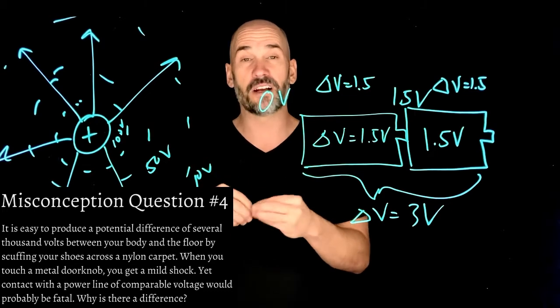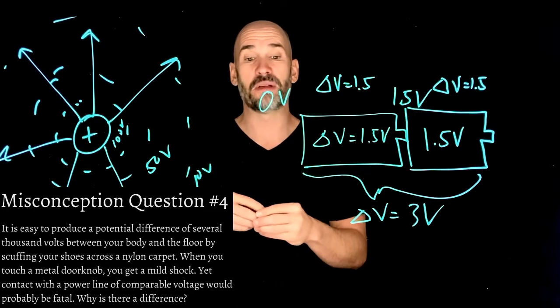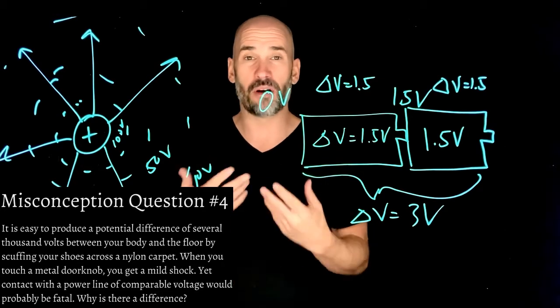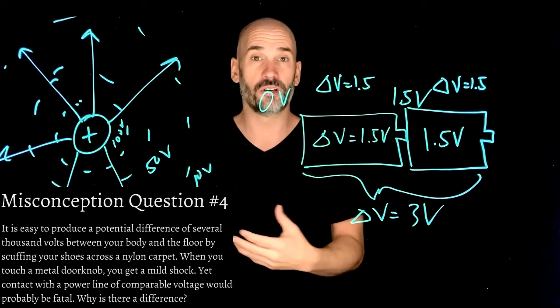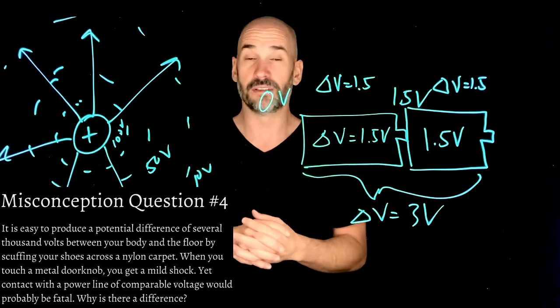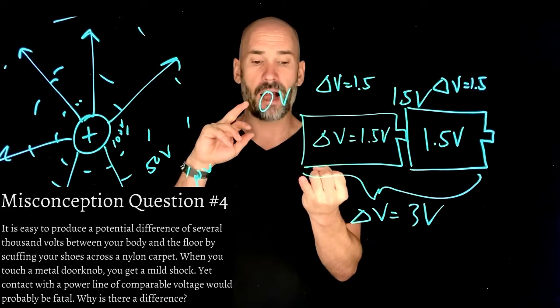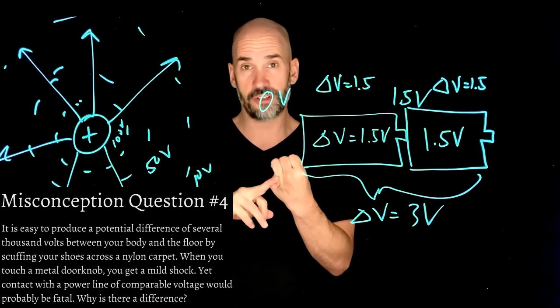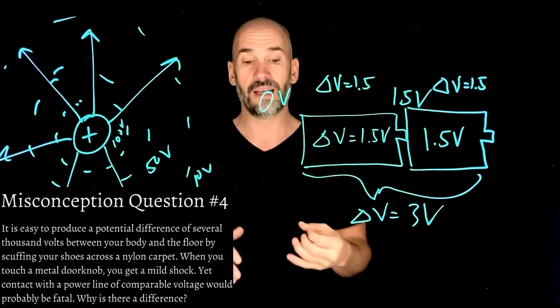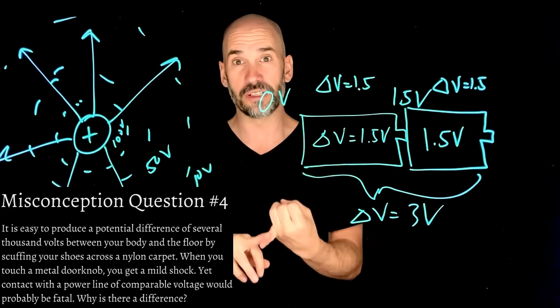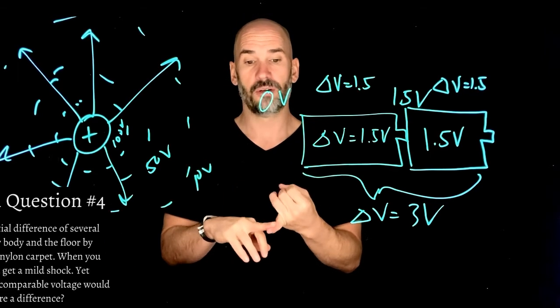That'll create a very, very high current. High current means more electrons are zapping you, and more electrons means more energy that can hurt, cook, burn, electrocute you. All right? Hope that makes sense. So the power lines may have the same voltage that you can accumulate, but they have much higher current, and that current is really, really what does the damage when you're electrocuted.